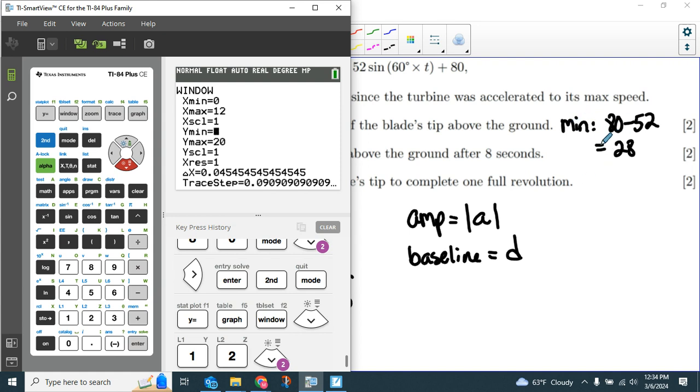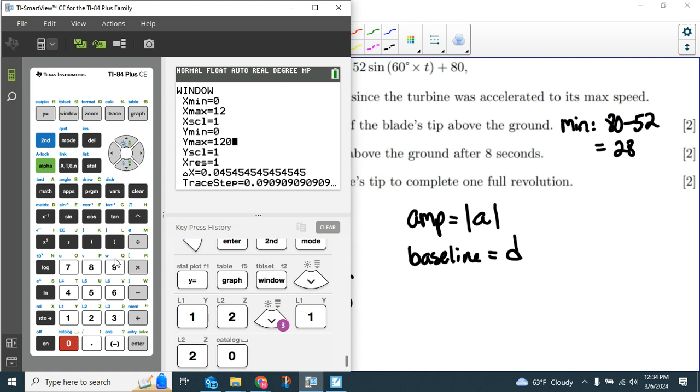Now, 80 is a big hint, right? I know that 80 is going to be the middle of my graph. You know what I mean? I know the baseline, that's going to be the middle of my graph, right? So I'm just going to say 0 to maybe 120, and we'll see how that works.